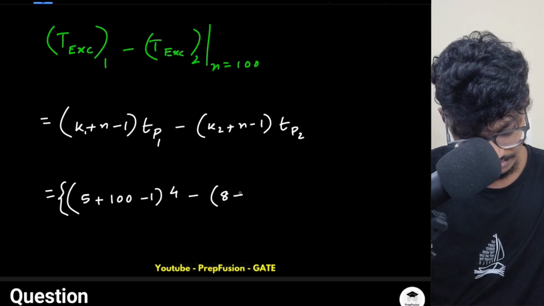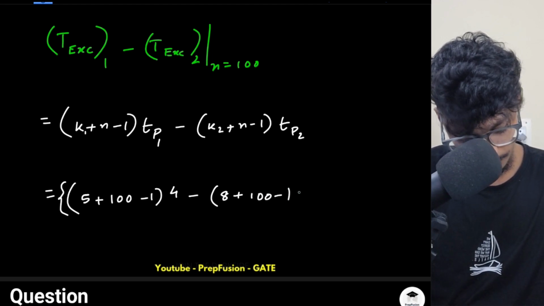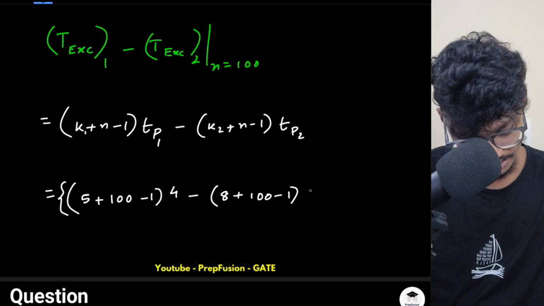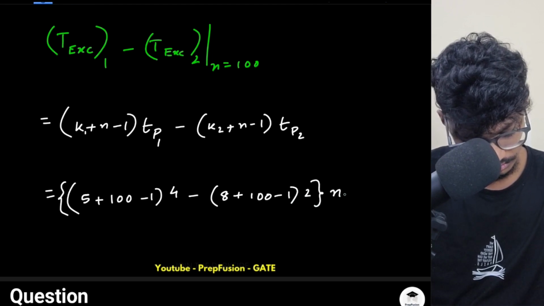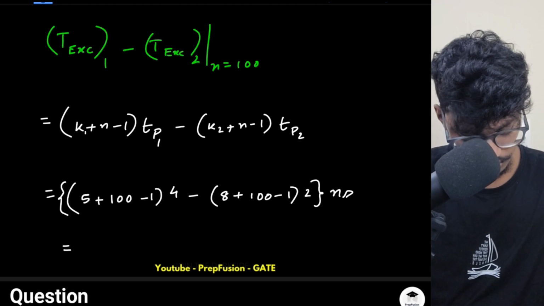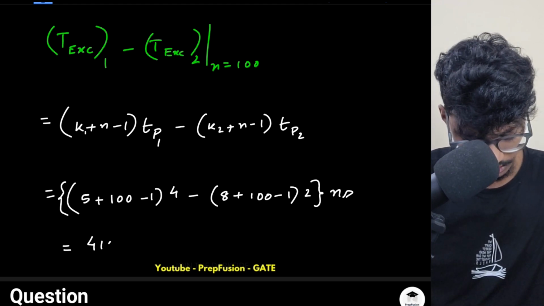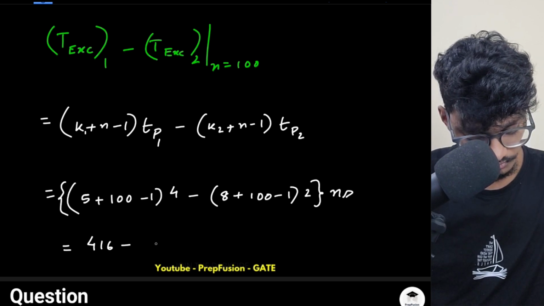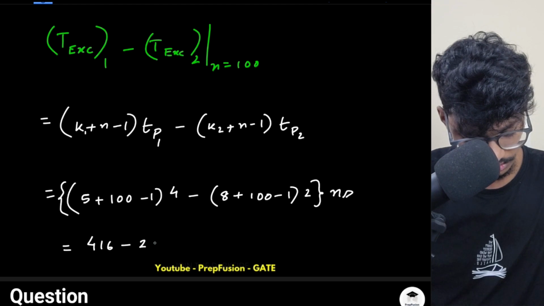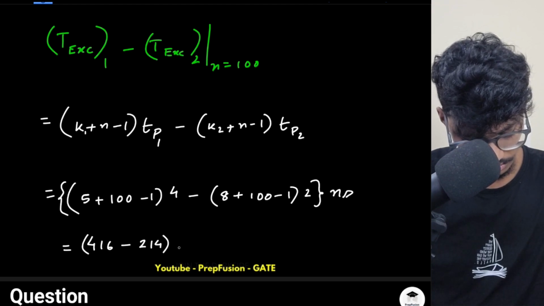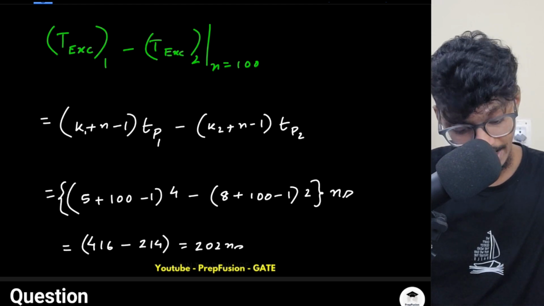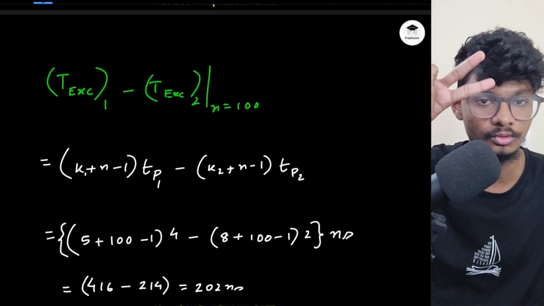K2 has 8 stages, but it won't matter much because my overall cycle time has reduced, right? It is 2 nanoseconds only. So this will be 104 into 4. So this is 416 minus 214 nanoseconds. So this will be 202 nanoseconds. So in total, if I use design 2, I will save 202 nanoseconds.